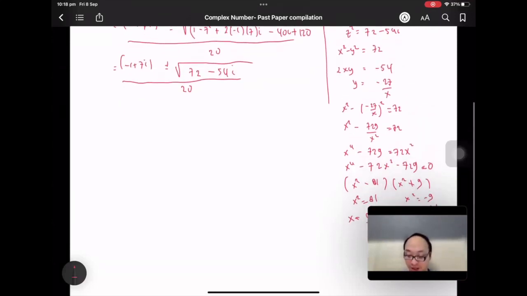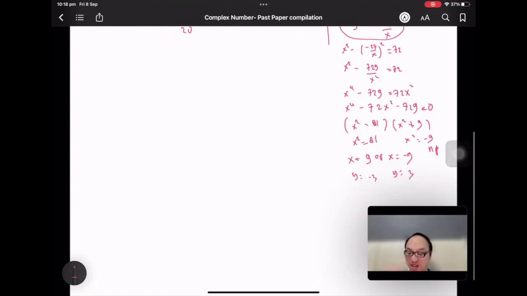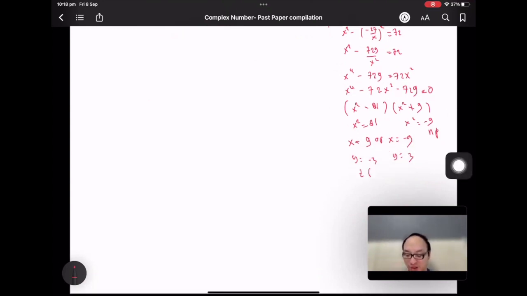And then I can find y using this. So y equals negative 3 or y equals 3. So that means z will be 9 minus 3i, or z equals negative 9 plus 3i.